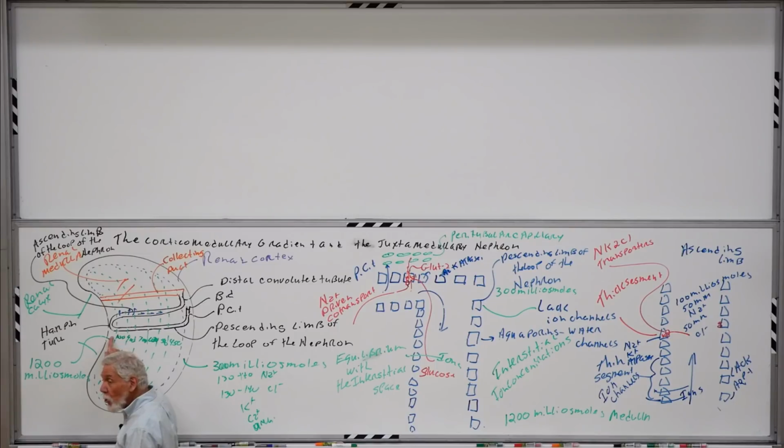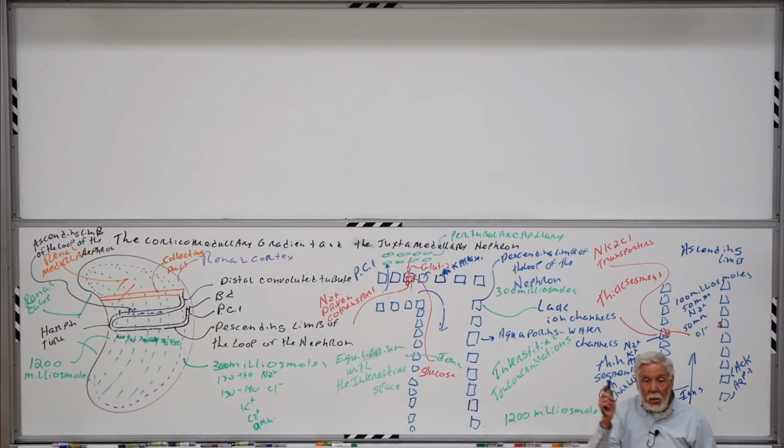But the best we can do by sodium and chloride transport is get to 300 millimolar chloride and 300 millimolar sodium. That's the best we can do as humans. And the remainder is made up of urea. But we're going to see that urea plays a really important role in the final throes of concentrating urine in the collecting duct. But let's hold off on that for a little bit.